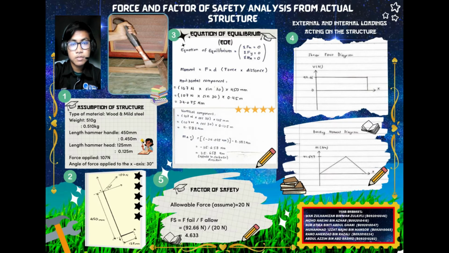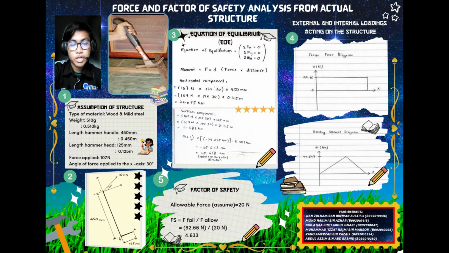The next one is for the vertical component: 107 Newton times cos 30 degrees times the distance, which is 125 millimeters. We obtain the value of 11.583 Newton meter.